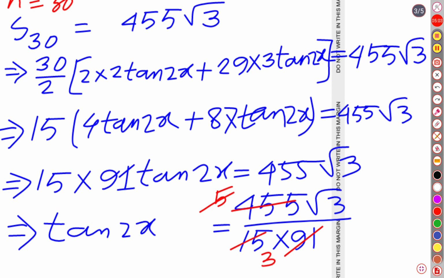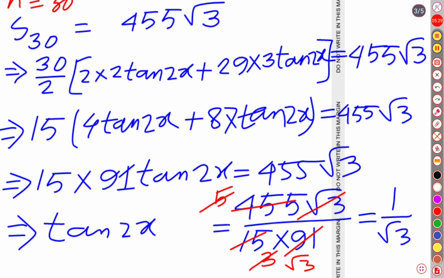So ultimately we have got square root of 3 by 3, and the square root of 3 can also dissolve, so the numerator is nothing but 1 and the denominator is square root of 3.